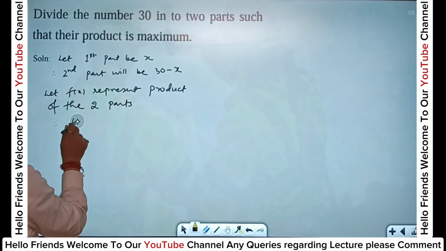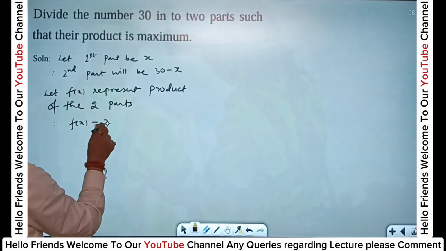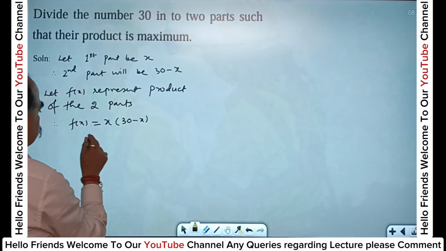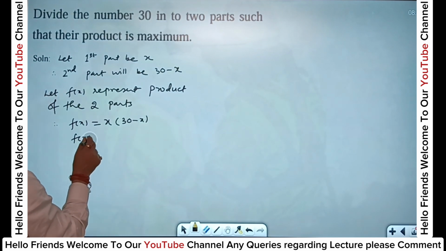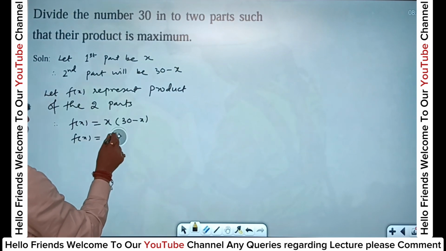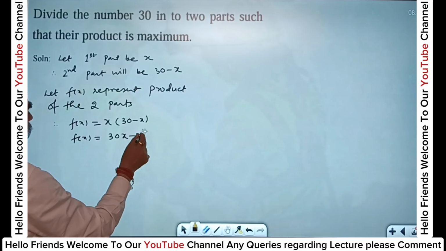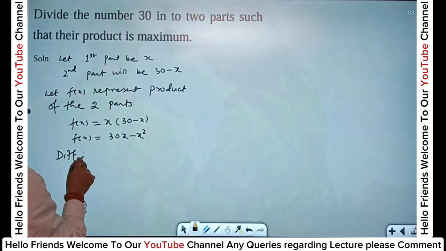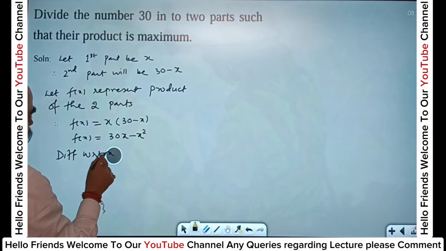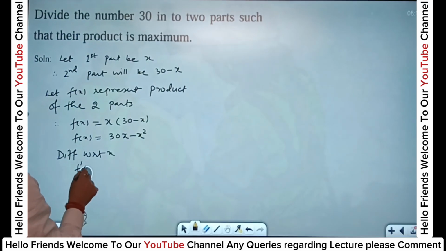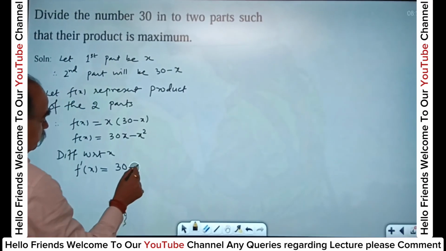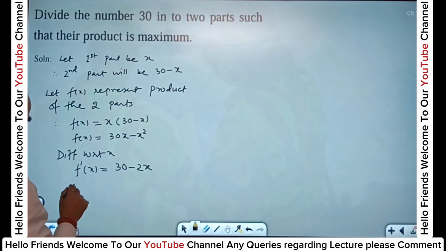Therefore, f(x) is x into 30 minus x. So f(x) is 30x minus x square. Differentiating with respect to x, f dash x is 30 minus 2x.